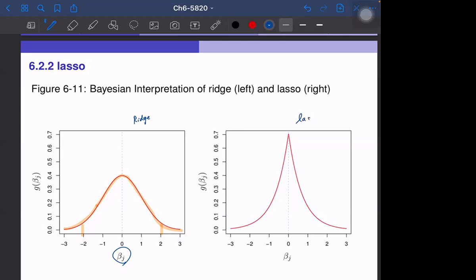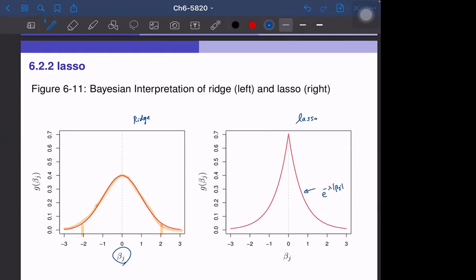And Lasso is here. This is the double exponential distribution, which is a function of the absolute value of beta j, exponential with negative lambda.